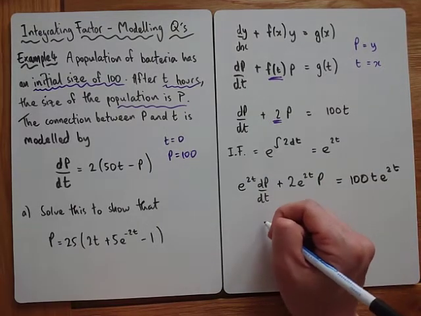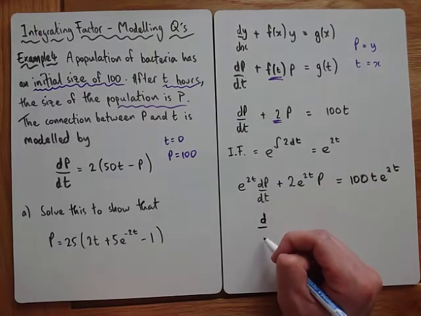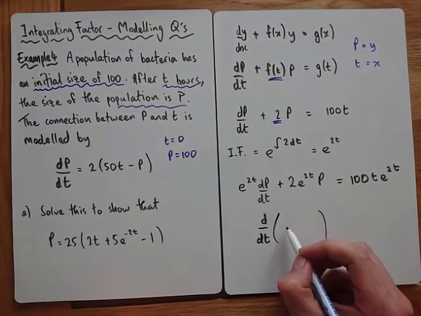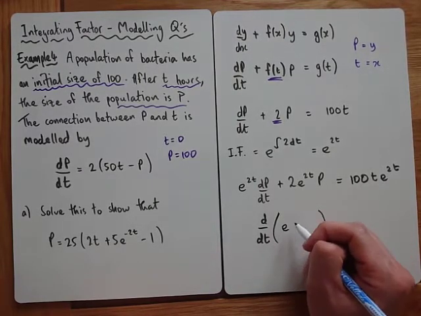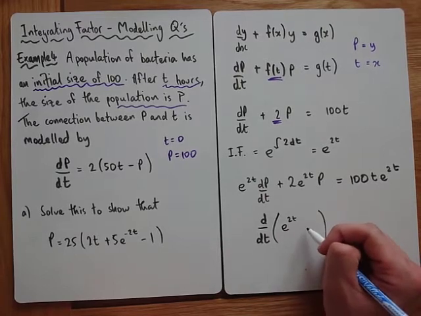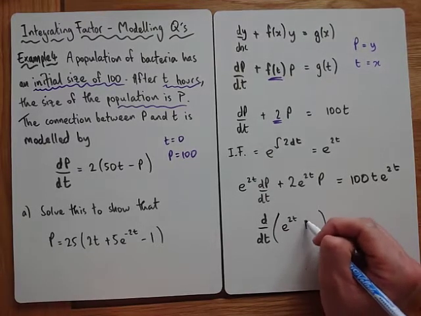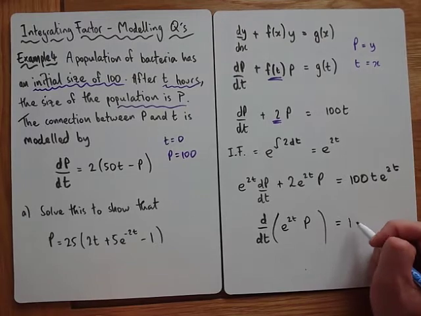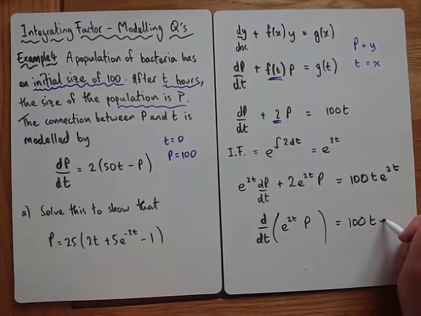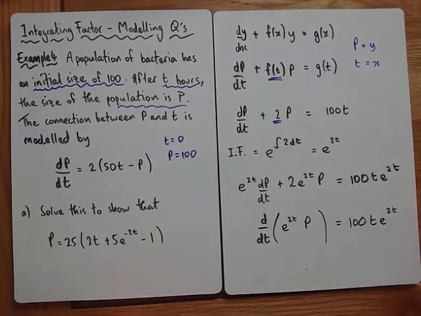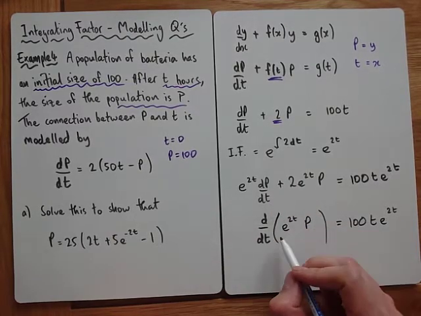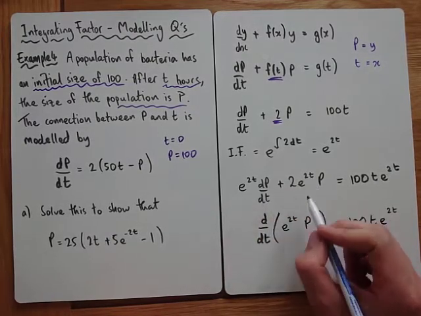So we normally now get the derivative with respect to x, which would be the derivative with respect to t, of our integrating factor, which is e to 2t, times y, which is going to be e to 2t times p. Okay, and then we've got 100t e to 2t. Check. Is that the same? If you differentiate with respect to t, you will get this.